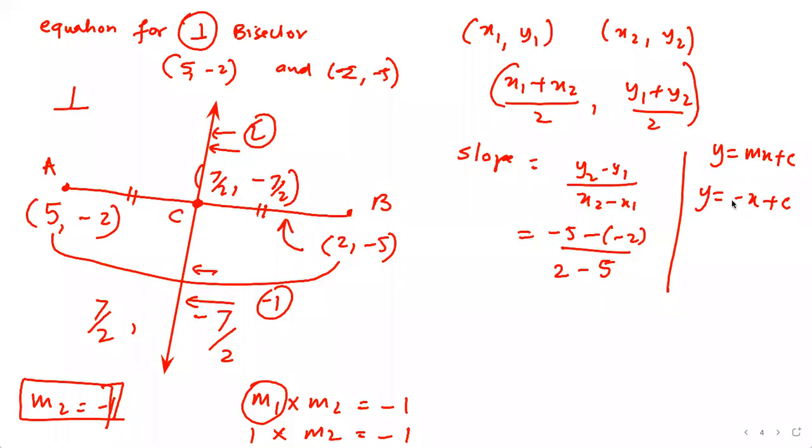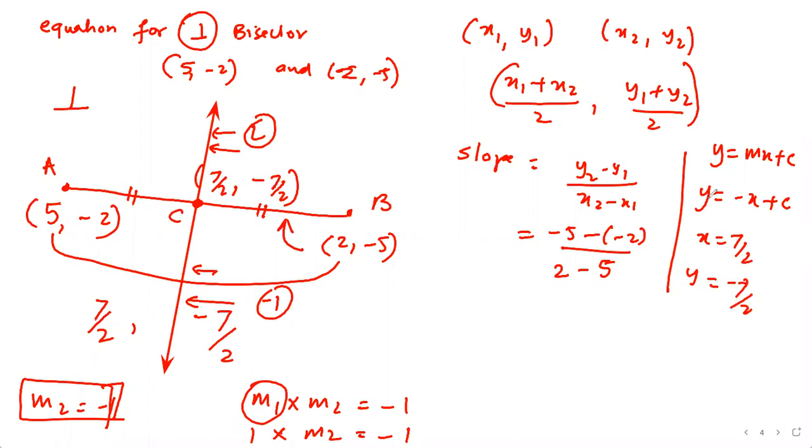Once you have the slope as negative 1, you substitute the midpoint coordinates: x is 7 over 2 and y is negative 7 over 2.